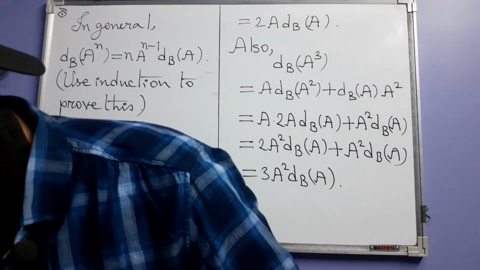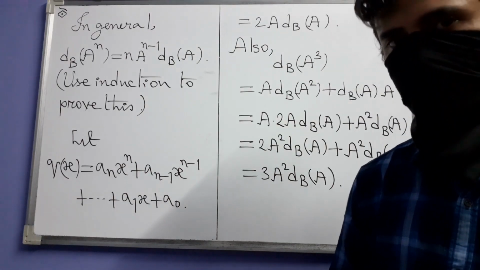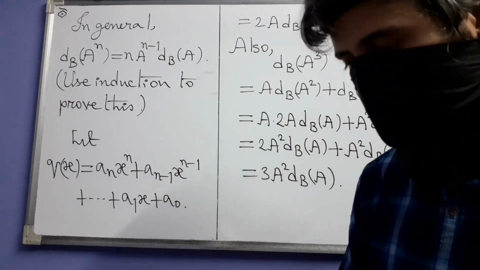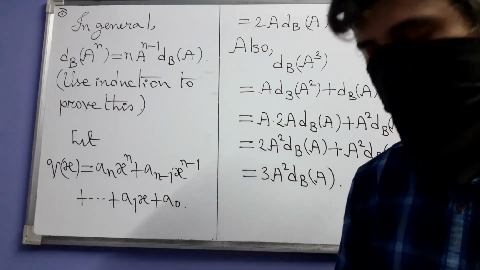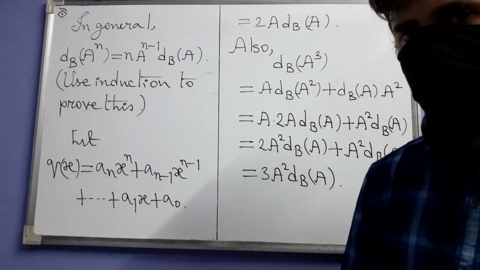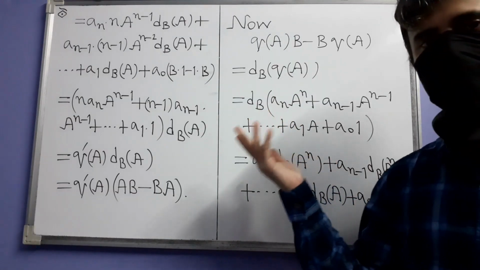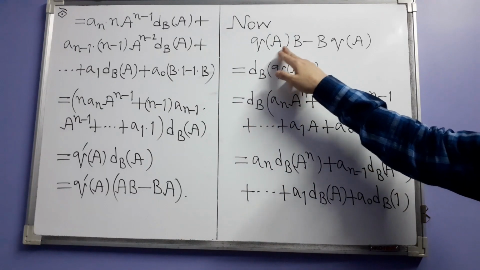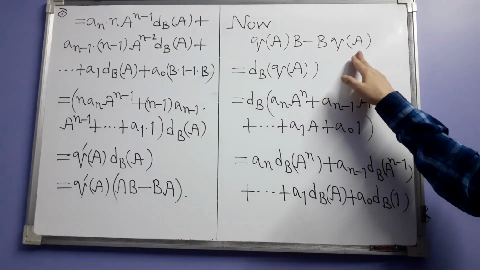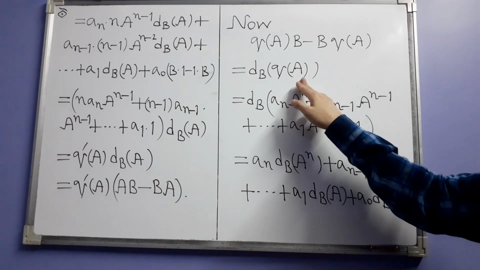Was it this or the other? Yes, it is q of a times b minus b times q of a. Okay, anyway, we are now going to consider it and let's see if we get what we want to get. So we start with that expression q of a times b minus b times q of a, which is nothing but dB of q of a.